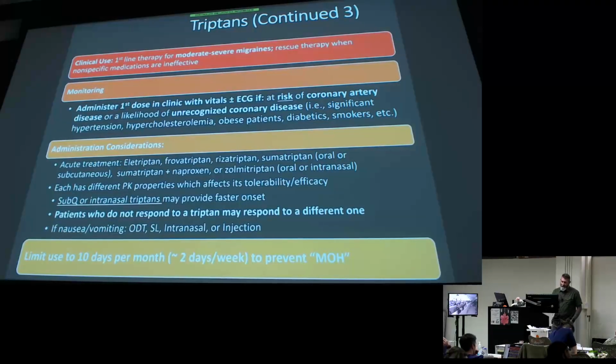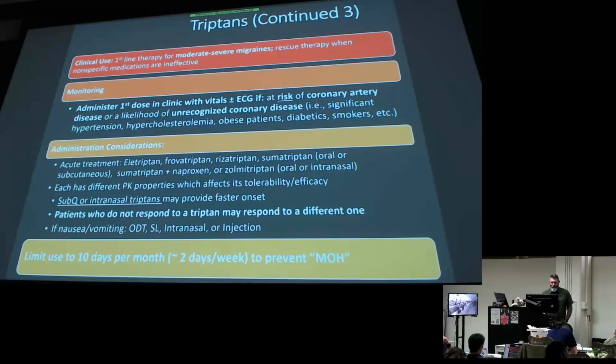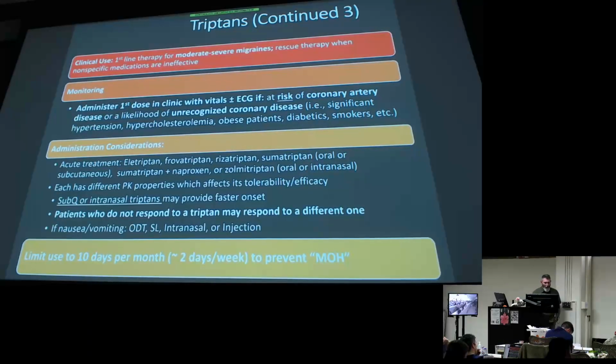Coronary artery disease is one of the big players of contraindications, and there's a slide completely dedicated to it. And then under the administrative considerations, once again, that's just a discussion of why we use some that are fast acting versus a long acting. There's a little bullet there, but I'm talking about it on a specific slide.